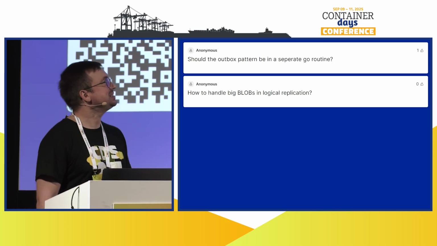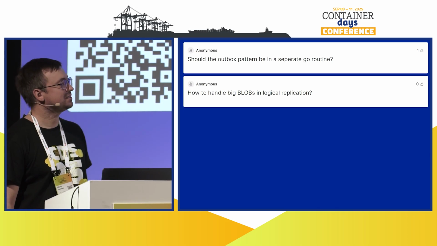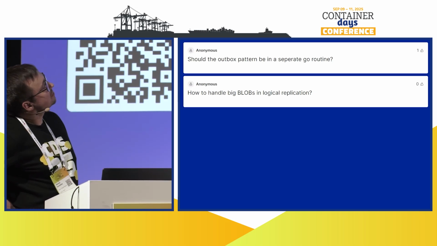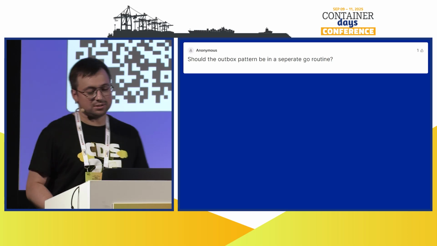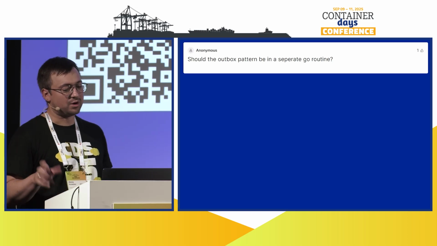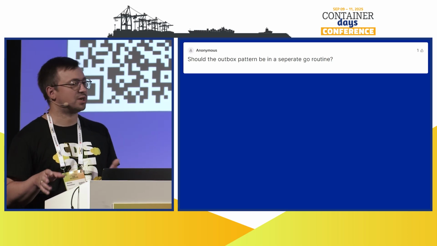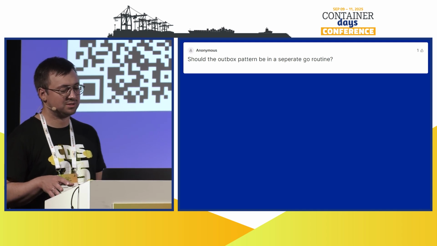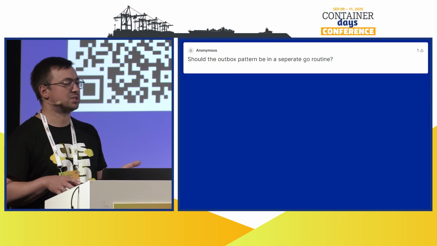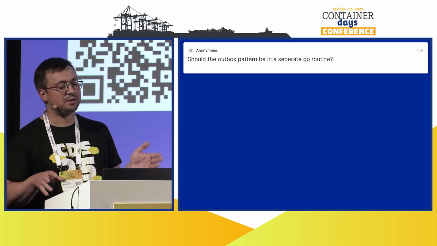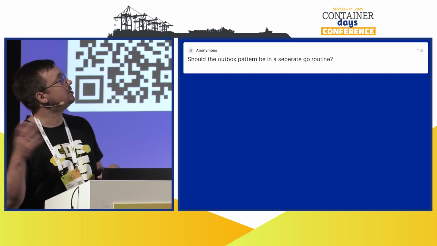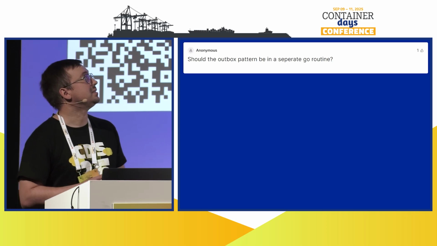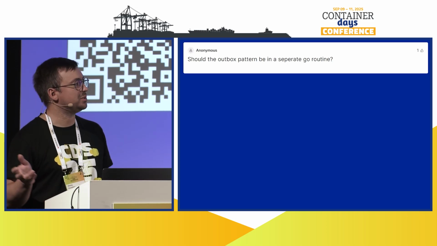So should the outbox pattern be in a separate Go routine? So no, we have the outbox writer, and it has to be in the same transaction. It doesn't have to be in the same Go routine, but it should be in the same transaction. But if the question is about the outbox relay, then it doesn't matter. It can be a separate deployment unit.